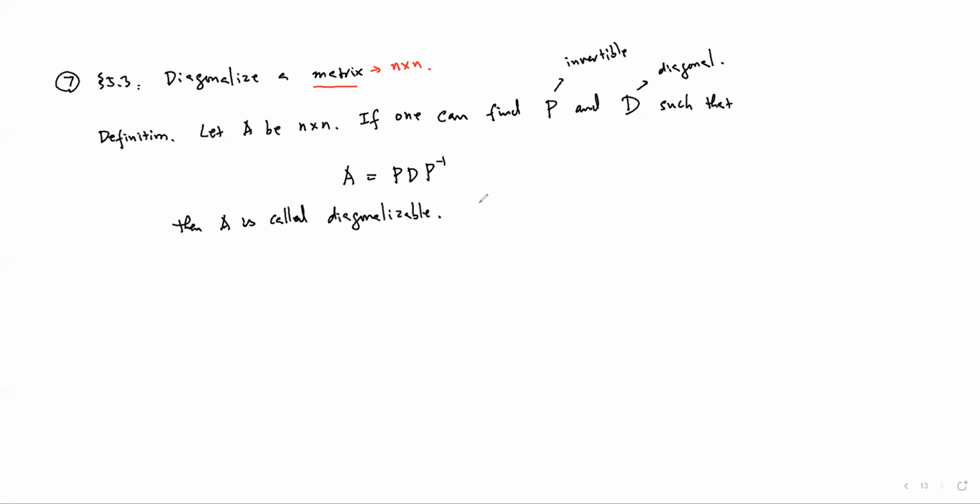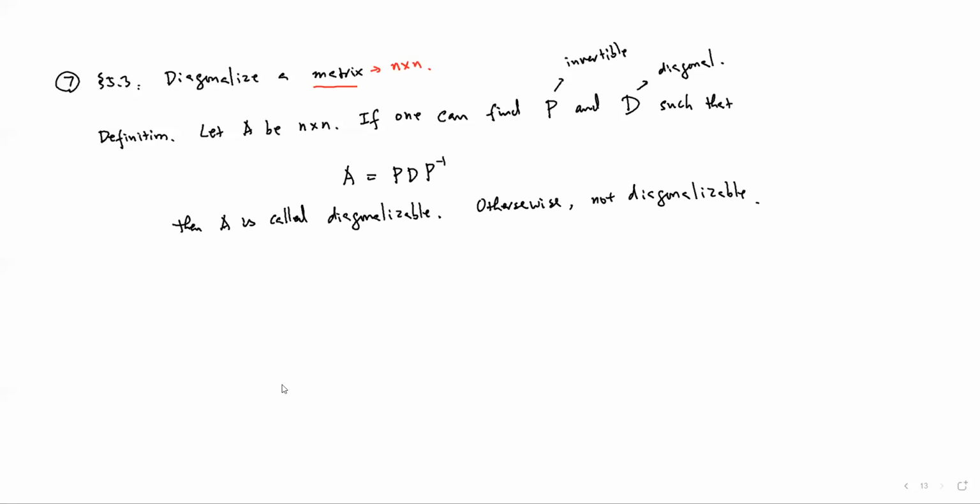Otherwise, if you cannot find P and D so that this equation is true, A is not diagonalizable. Yeah, this is the definition.